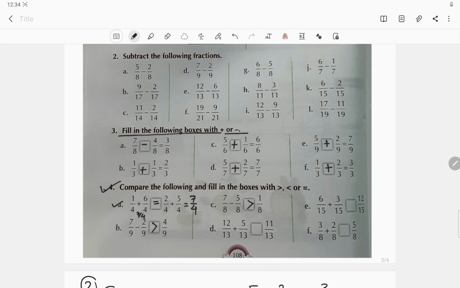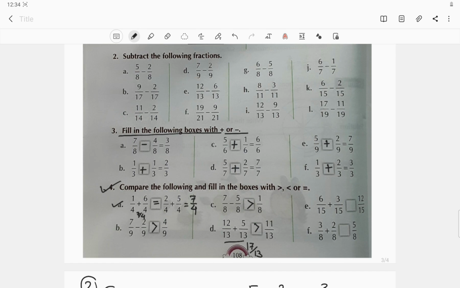Similarly, 12 by 13 plus 5 by 13. The denominator will be 13 and the numerator will be 12 plus 5, that is 17 by 13. 17 by 13 is obviously greater than 11 by 13, because 17 is greater than 11. So it will be greater than.